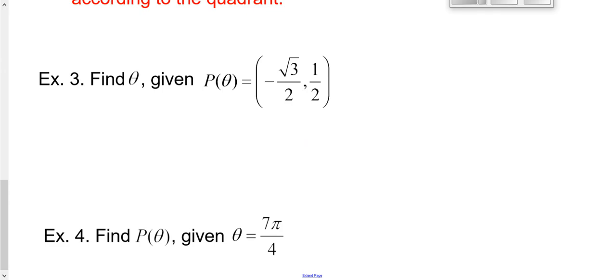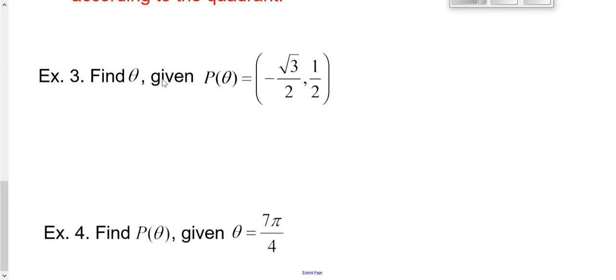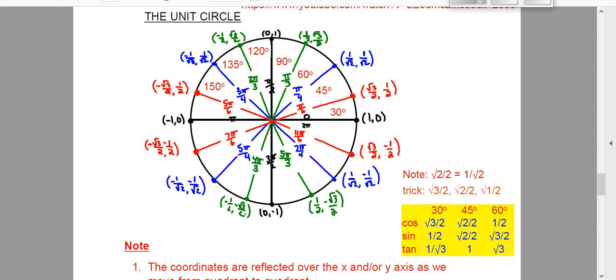Okay, so let's do this one here. Find the angle that will give you this coordinate. X is negative root 3 over 2, y is negative 1 half. If you look at the unit circle, just compare the value. Which one has x equal to negative root 3 over 2?